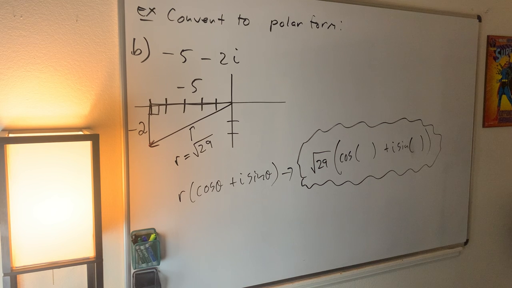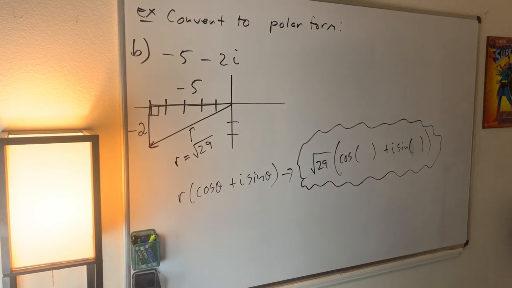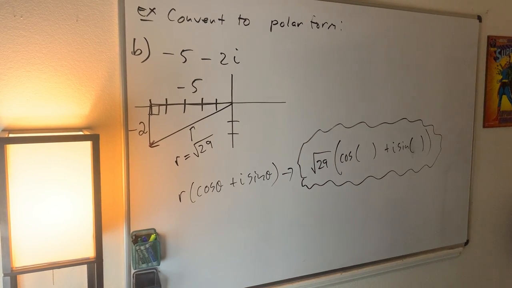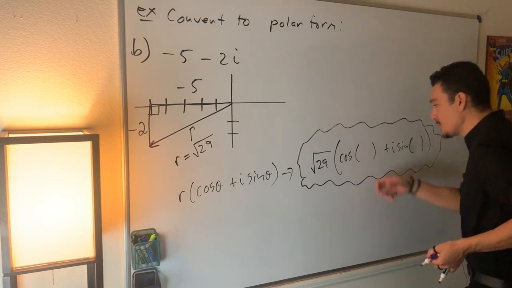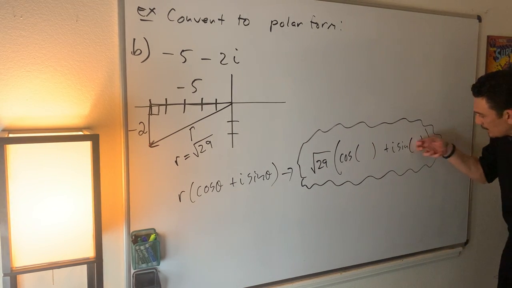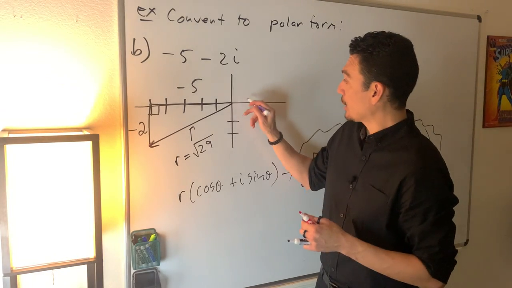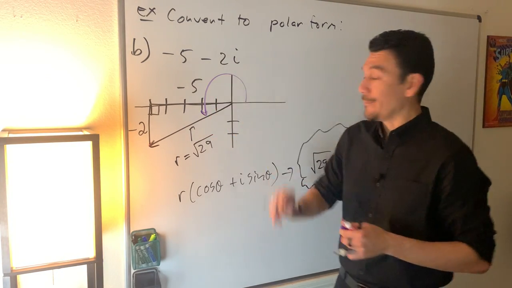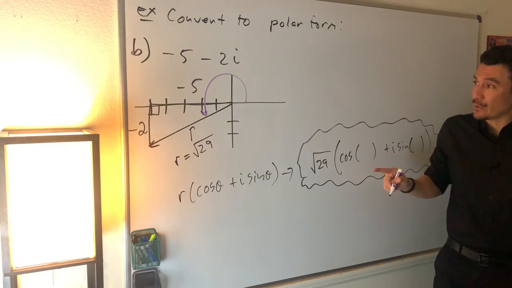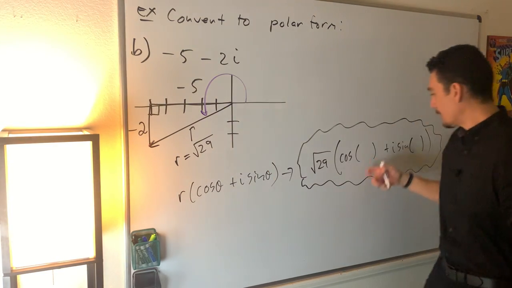The only thing left to find is the angle, right? That's what we have to find. I need to know what goes right there, and I know that it's this. Look, it's going to be that whole purple angle, whatever that is, and it goes right here.